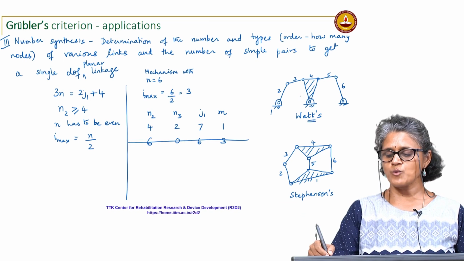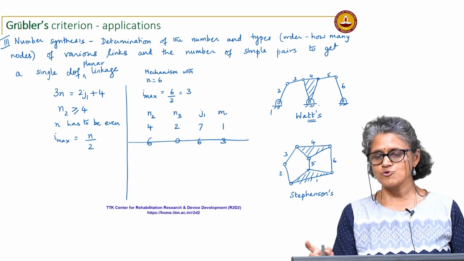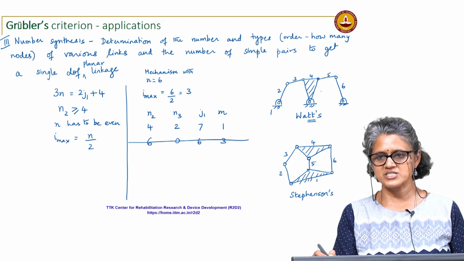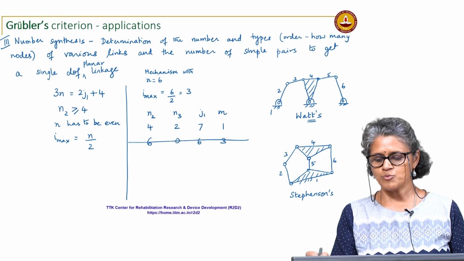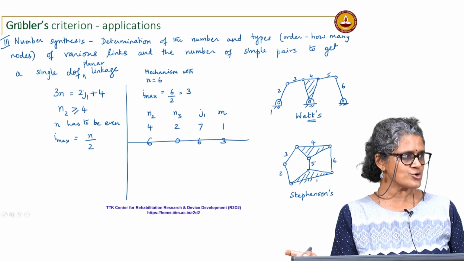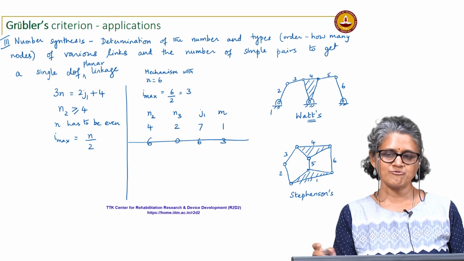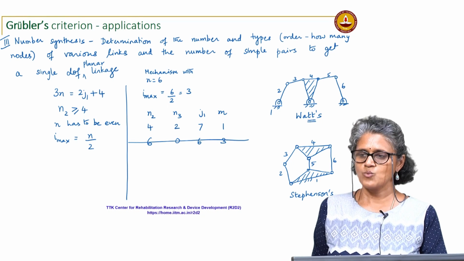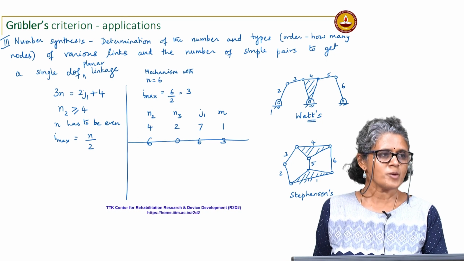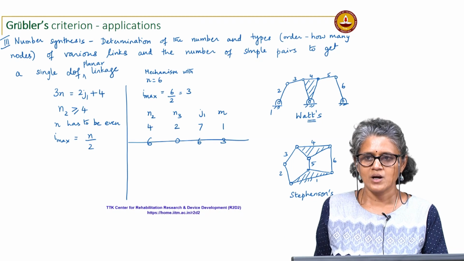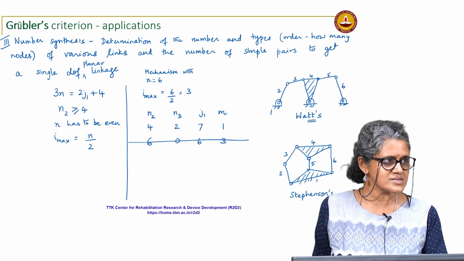You can also think of the Watts as 2 4 bars, one 4 bar chain. The output of one 4 bar provides the input to the other 4 bar. So, one 4 bar driving another is a Watts chain, which is what you will commonly use when you do the driver dyad synthesis.